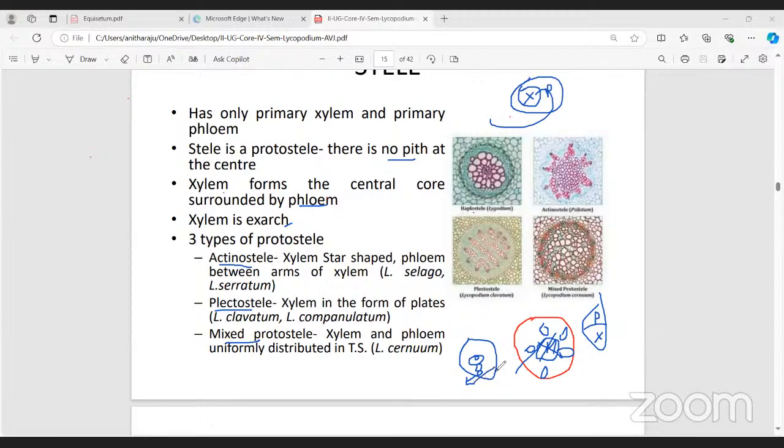In this case the first formed xylem is toward the outside.